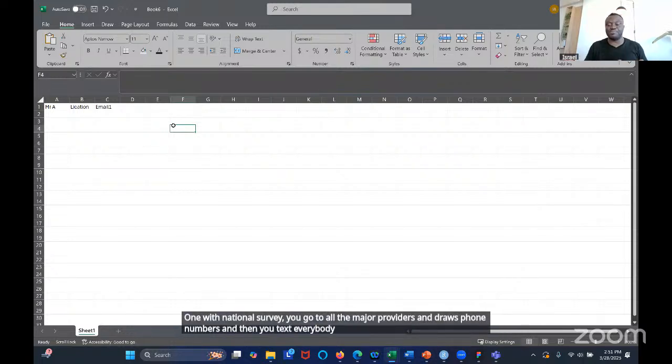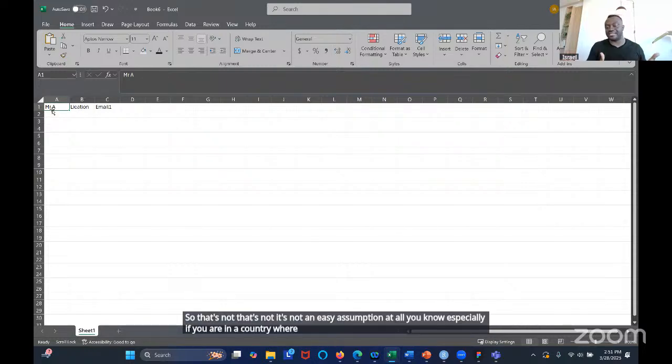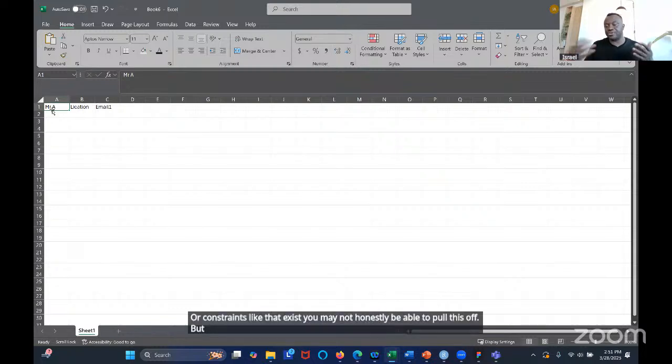It also assumes that people use smartphones and that they can click the link in the text message and access the survey. So that's not an easy assumption at all, especially if you are in a country where people don't have access to the internet or constraints like that exist. You may not necessarily be able to pull this off, but depending on your context, you also might.